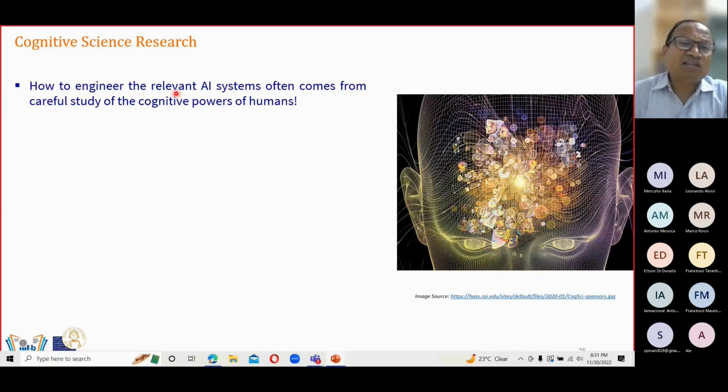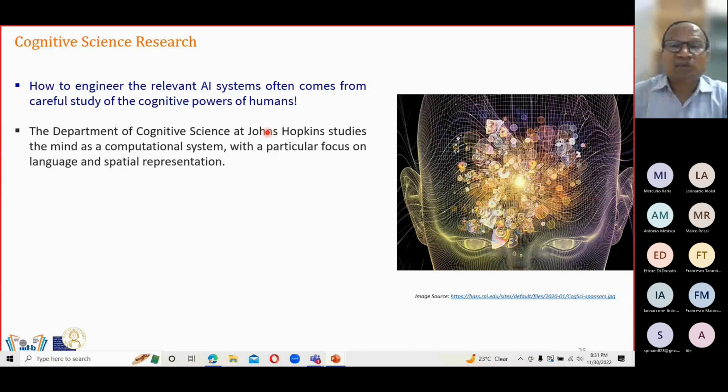So we need to engineer the AI-based system very, very carefully, and the design and thought must be very relevant, based on careful study of the cognitive power and ability of the human brain. That is the research problem.